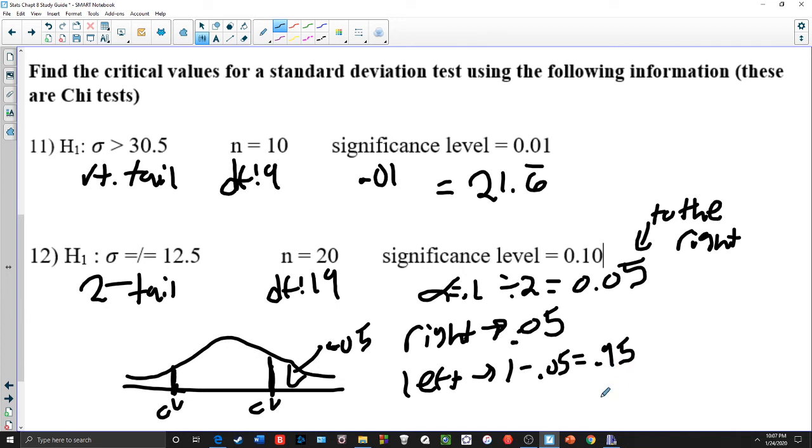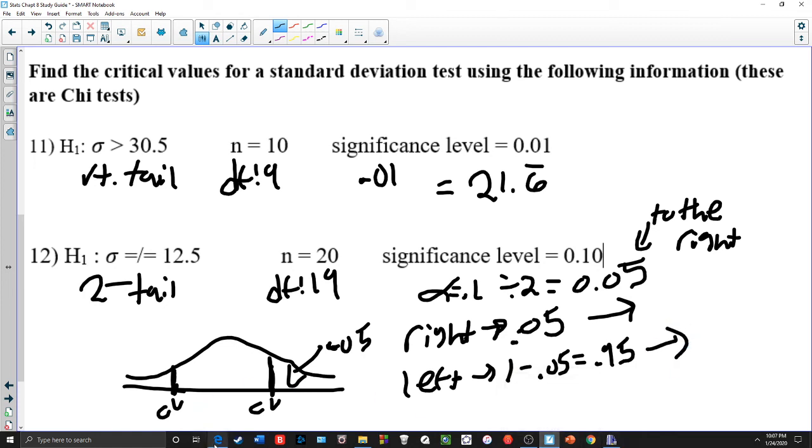So I'm looking for two critical values that balance these ideas: one where you have 0.05 to the right, and one where you have 0.05 to the left, or put another way, 0.95 to the right. Because if you have 0.95 to the right, that means you have 0.05 to the left. So I want to know what two values reach those conclusions.